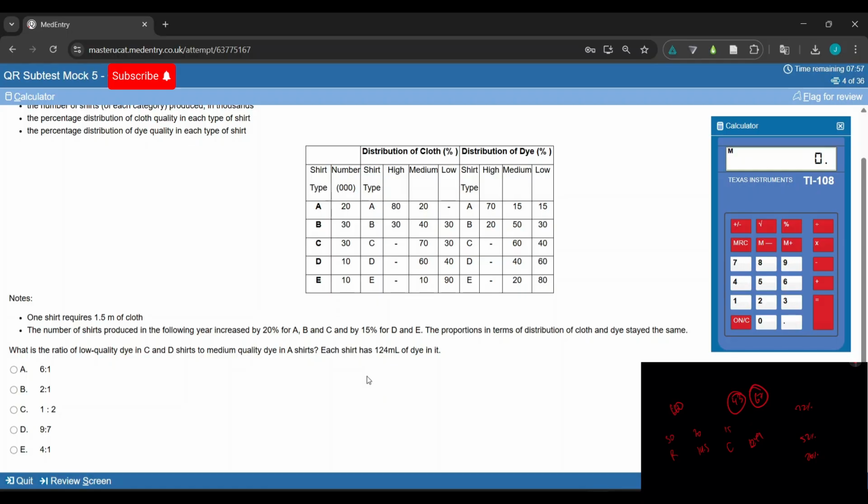I'm just trying to think here. Low quality dye in C and D, so that's 50 to medium quality in A. That's 50 to 15, which is 3.333.